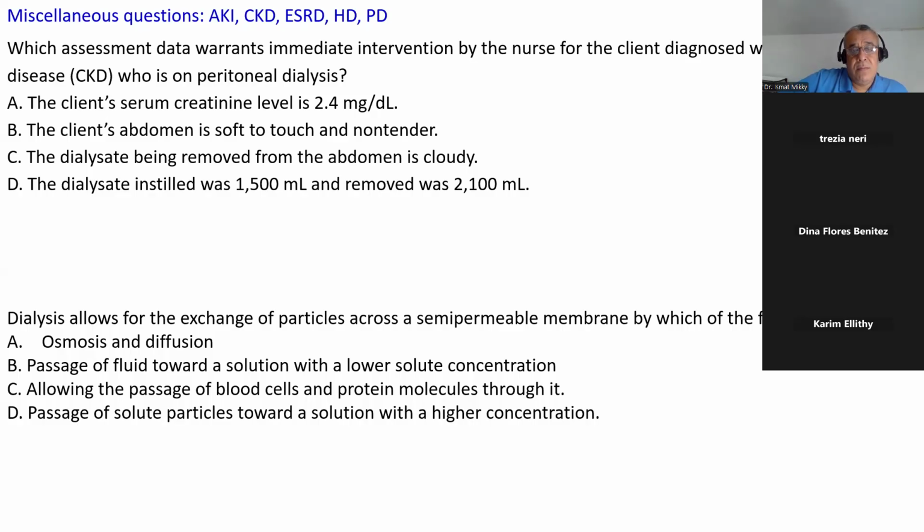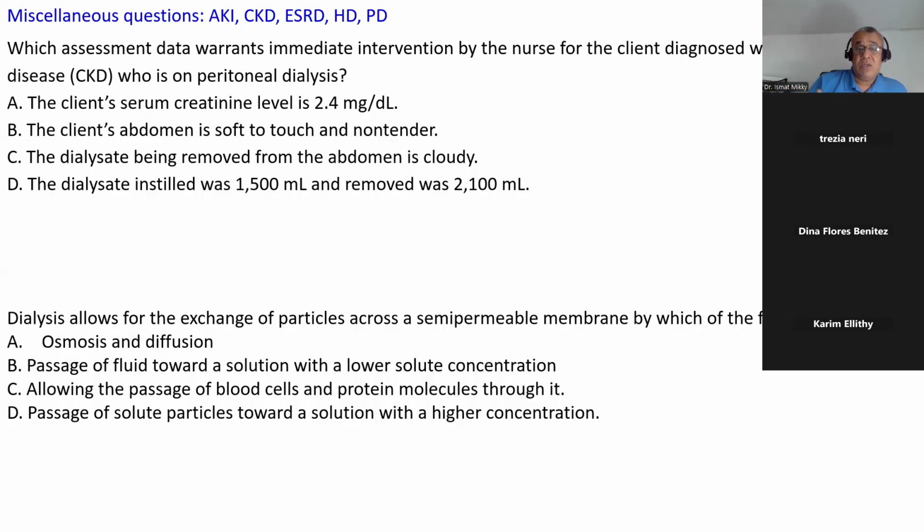Dialysis allows for the exchange of particles across a semi-permeable membrane by which of the following actions? So this question is about the mechanisms that govern fluid movement across the membranes, which mimics the natural pathophysiology of our kidneys and how they remove waste products like BUN and creatinine.